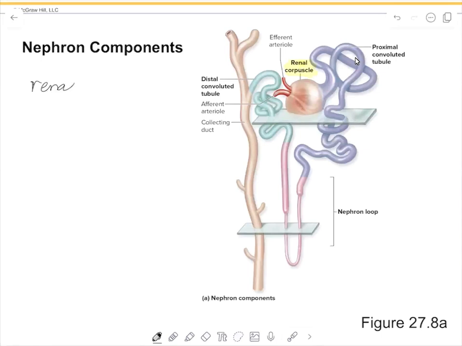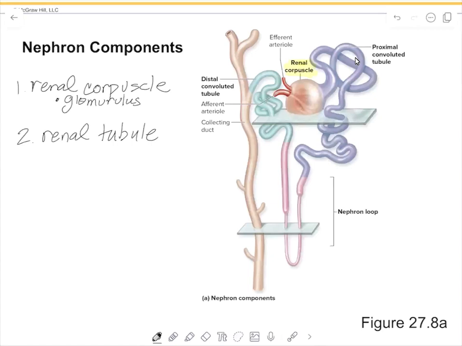So remember that the nephron begins with the renal corpuscle. So there are two parts. And the second part is the renal tubule. The renal corpuscle has the glomerulus in it. It also has the capsular space that's in it.